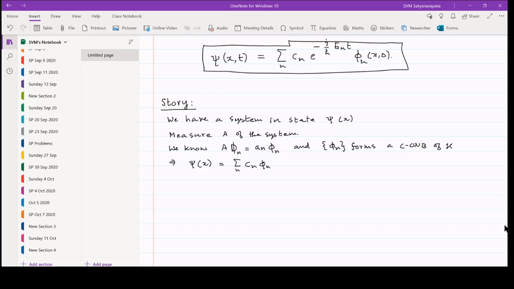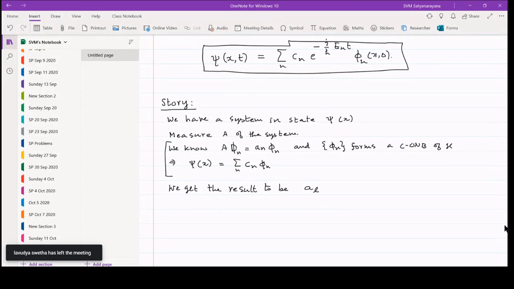So this much is what we know. Physically, what I'm doing is just measuring A, and let's say that we get the result to be, let's say, AL.